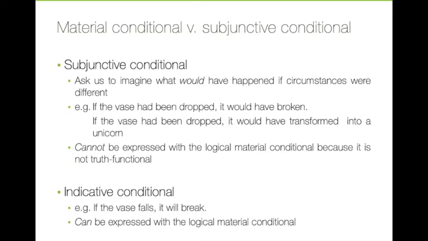Contrast that with, if the vase had been dropped, it would have transformed into a unicorn. You should recognize that the first is true, but the second is false. The problem here is that the subjunctive conditional is one that can't be expressed with the logical material conditional because, like the phrase because, it's not truth-functional.